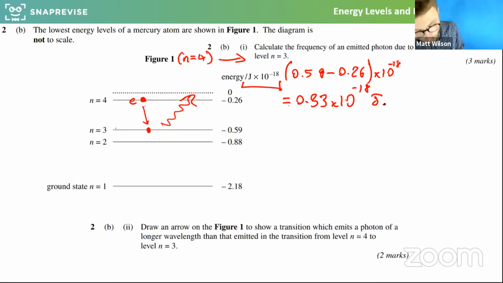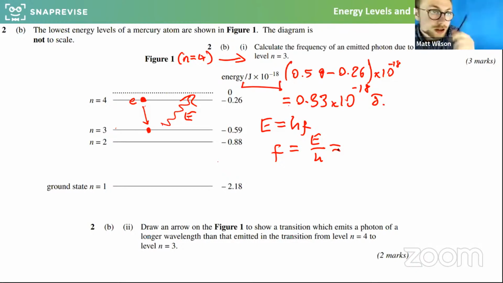Perfect. And once we know the energy of the emitted photon, so we have a photon here with a specific energy, we can figure out its frequency using the formula E equals hf. So in turn, f is equal to E over h, where h is Planck's constant that you can find in the formula book. And in particular, as I've seen in the chat, Planck's constant is equal to 6.63 times 10 to the minus 34.